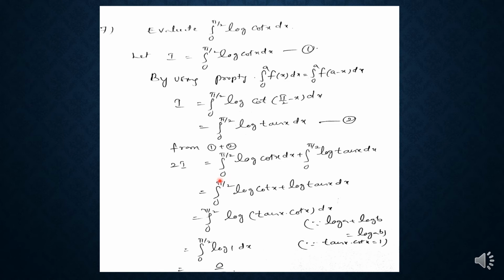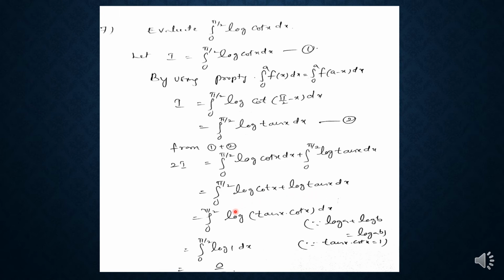Here the integral limits are the same, so we can write these two integrals as a single integral, that is integral 0 to pi by 2 log cot x plus log tan x dx. You can see that the integrand is in the form of log a plus log b, which can be written as log of a into b.